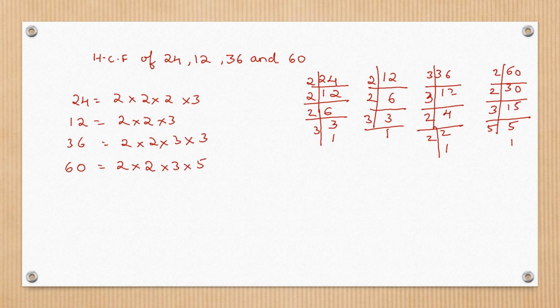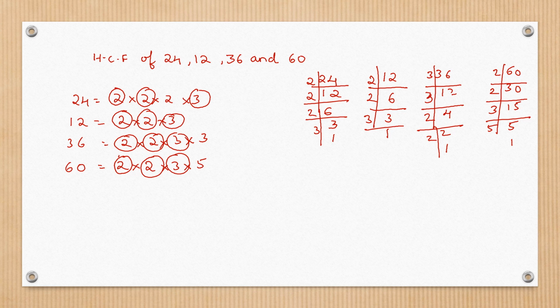So let's see the common factors here. Let's circle the numbers which are common in and dividing the 4 numbers completely. So we have found here 2, 2 and 3. These are the prime numbers which are dividing the numbers completely.